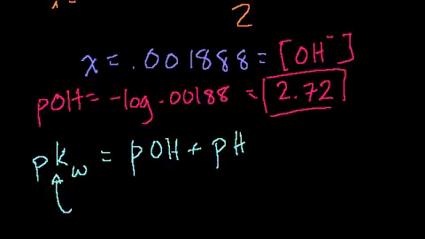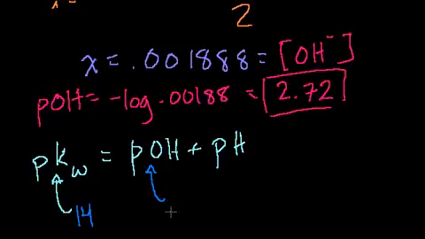This at 25 degrees is 14, because you have 10 to the minus 14 molar concentration. Well, actually, I don't want to go into that. You have 10 to the minus 7 of each of these. But anyway, this is the equilibrium constant for the dissociation of water. When water is neutral, it's 7, or a concentration of OH of 10 to the minus 7. But we take the minus log, this becomes 7.